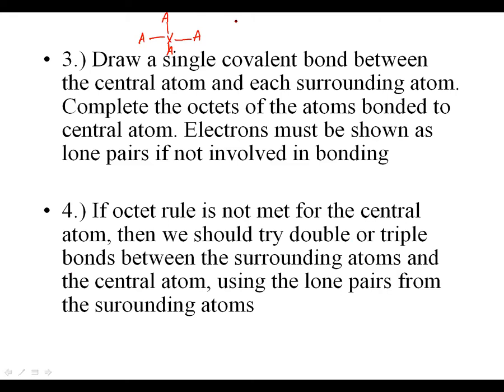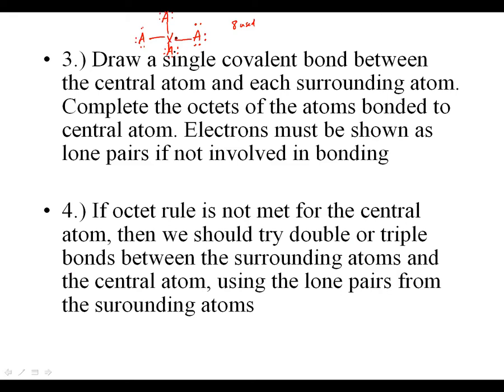For example, 8 used. And then the leftover electrons that you'll have will go on the outside ones in pairs until each of the outside ones has 8 electrons around it. At that point, if you have used up all your electrons, you'll be done.